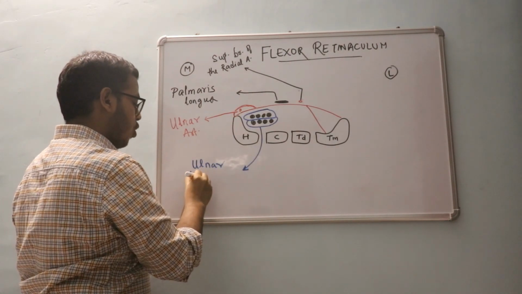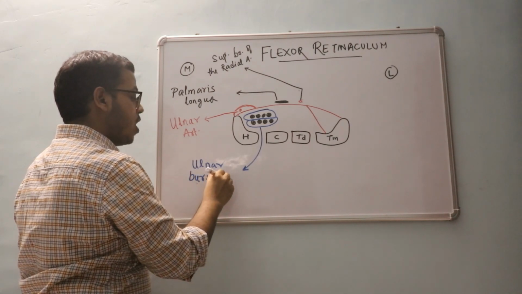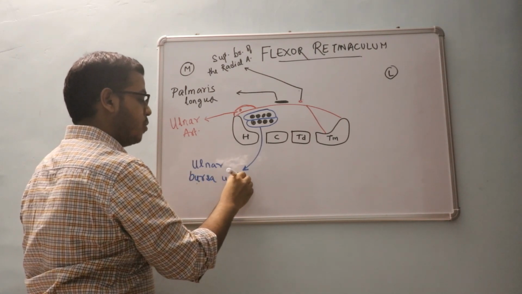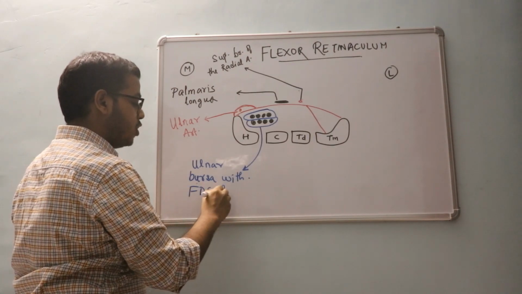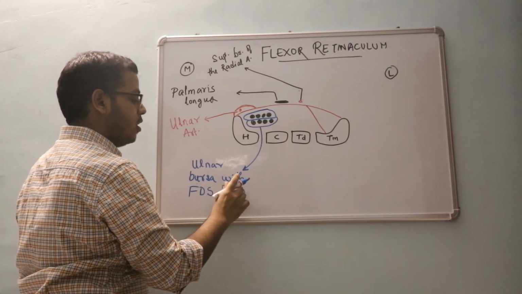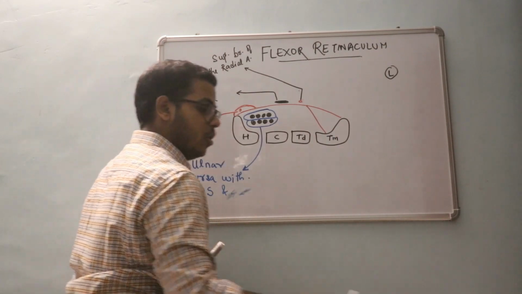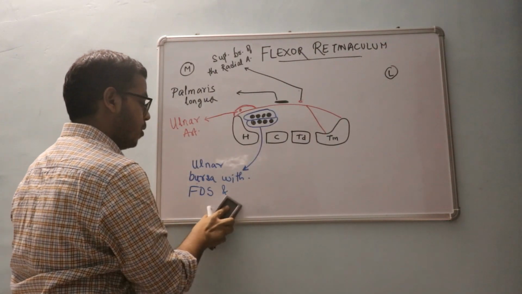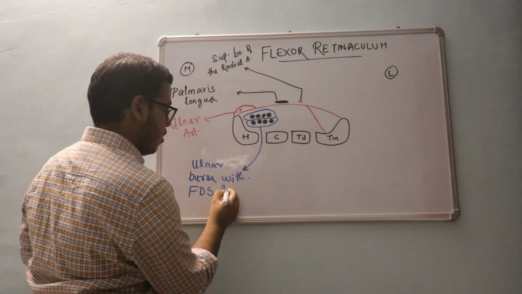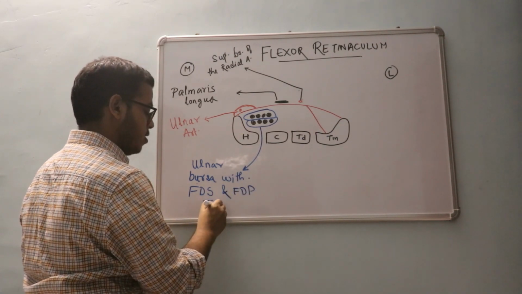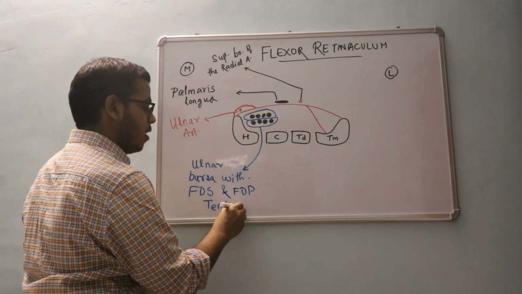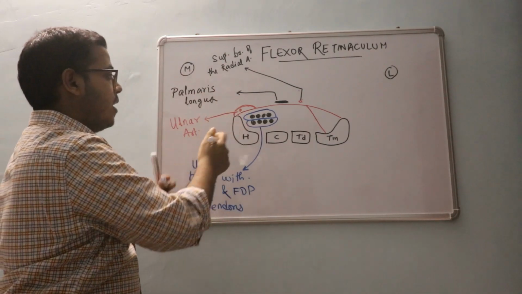So this is the ulnar bursa containing the flexor digitorum superficialis and the flexor digitorum profundus tendons. So this is about the ulnar side.